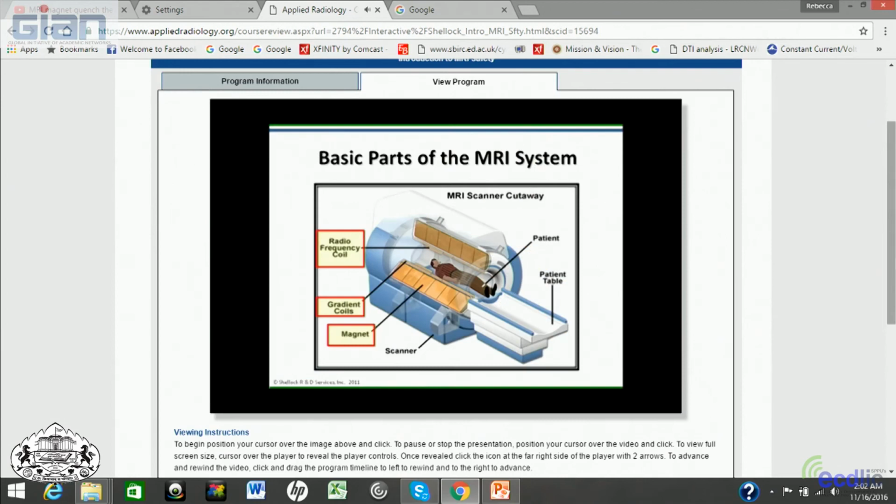Here's a diagram showing the basic parts of a typical MRI system, which may also be referred to as the scanner. Note the most important components of this system, which include the extremely powerful magnet, the gradient magnet coils, which generate rapidly changing magnetic fields, and the radio frequency, or RF coil.